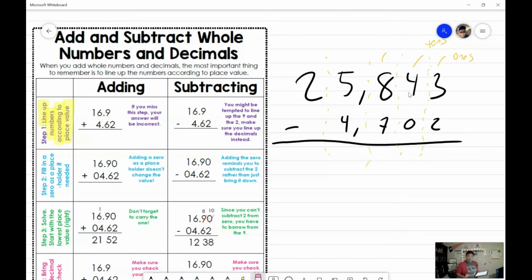Good, hundreds. Okay. Next, we have the thousands. Good job. Look at you go. And the last one after thousands is what? Yes, that is correct. Good job. 10,000s.